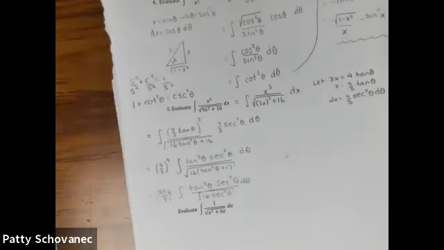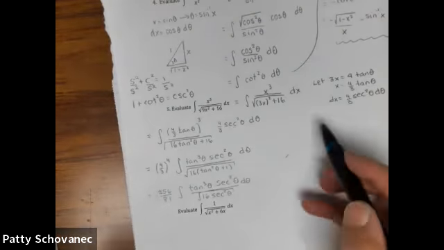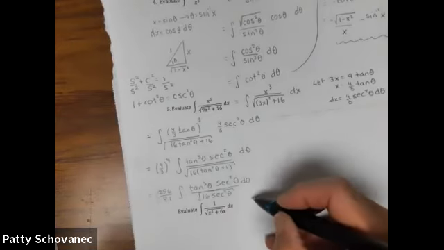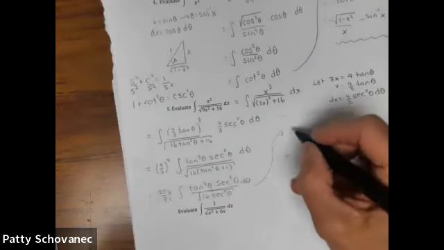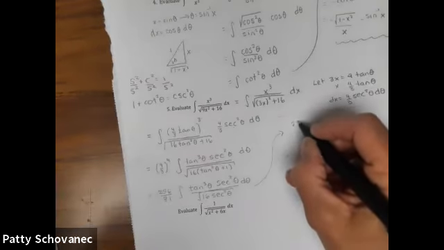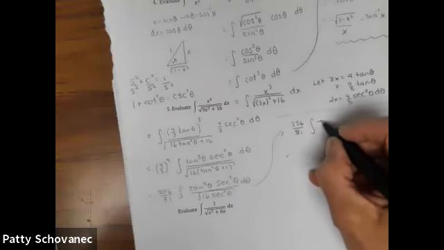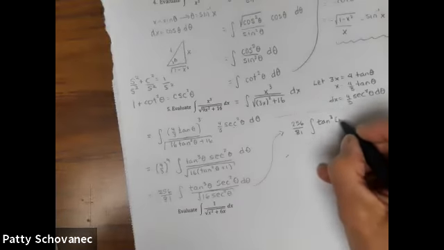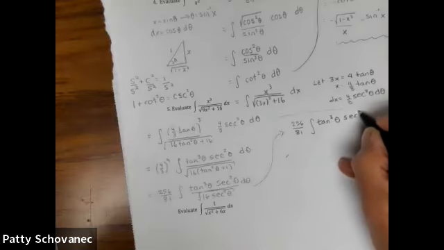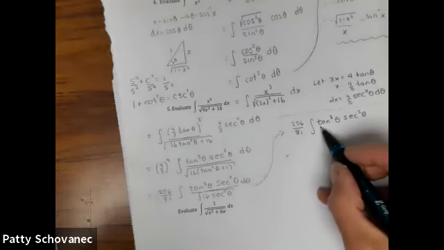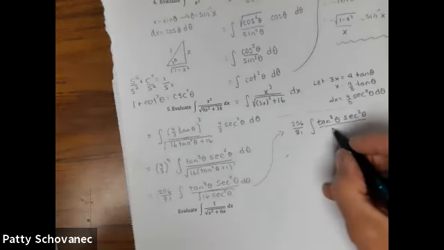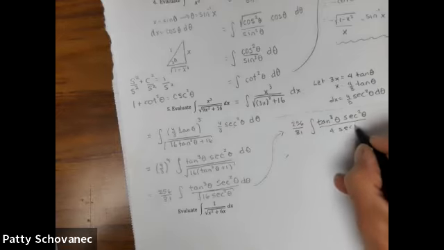So in the next step, I take the square root of 16 secant squared. So here's my 256 over 81, tan cubed theta, secant squared theta. And this is 4 secant theta.